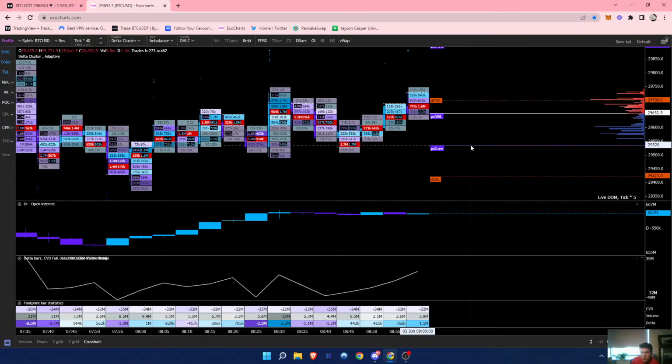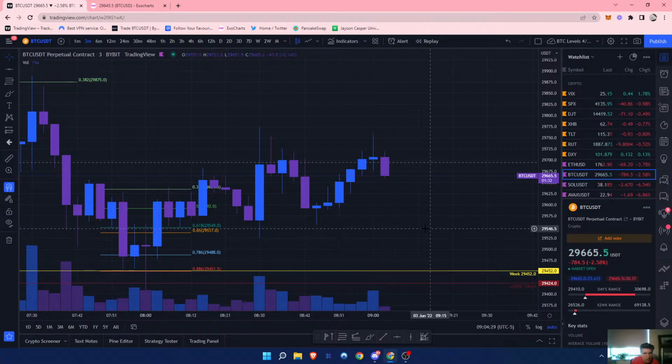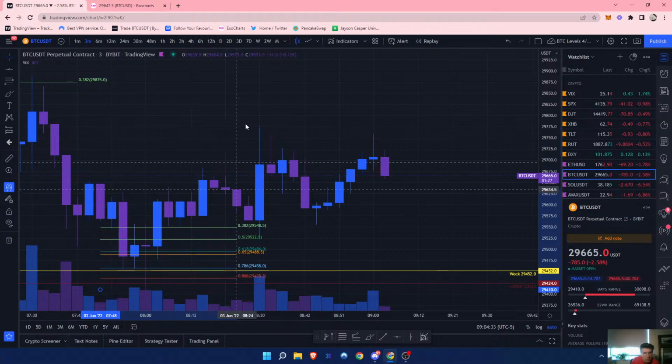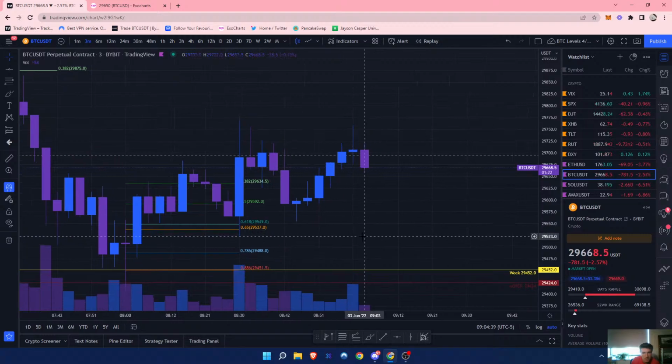Possibly towards this previous day low could be a support. So possibly a tap of this golden pocket again. I'm going to make that look nice.